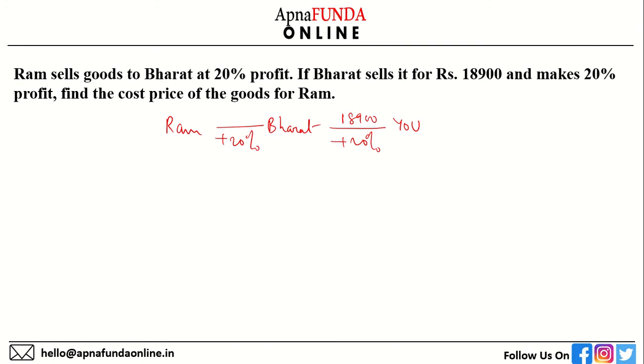So we need to find the cost price of goods for Ram. Correct. Simple back calculation. Let's do back calculation from this side to Bharat and find out the cost price for Bharat. And then next we'll go from Bharat to Ram, and we'll find out the cost price for Ram.